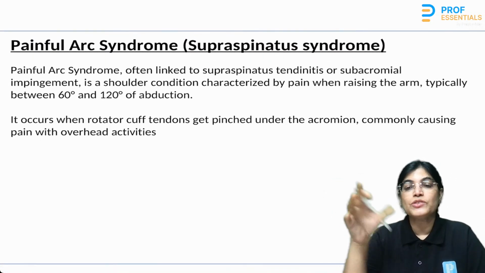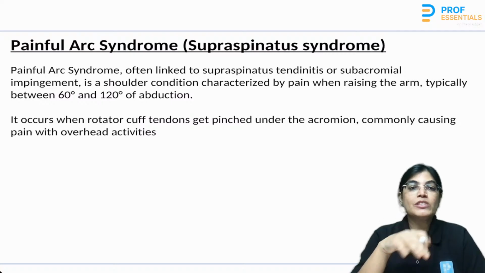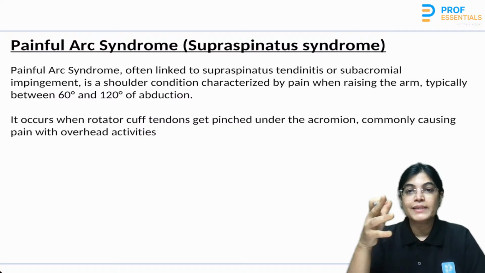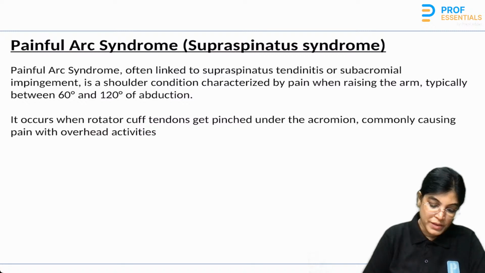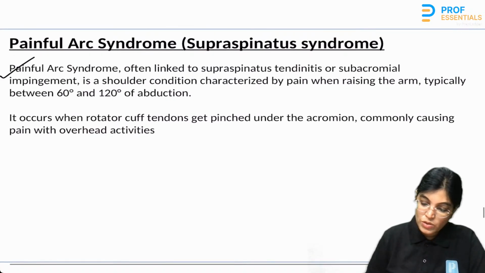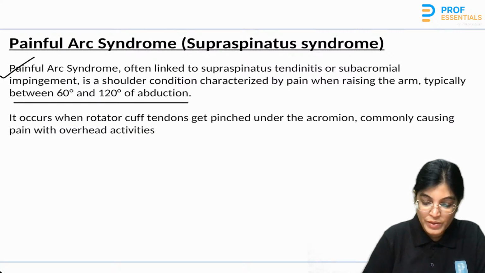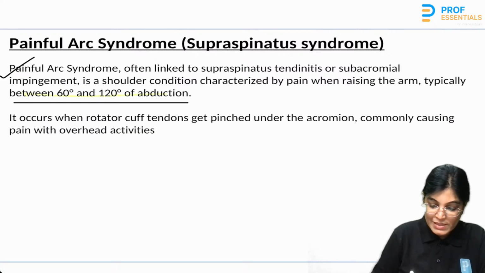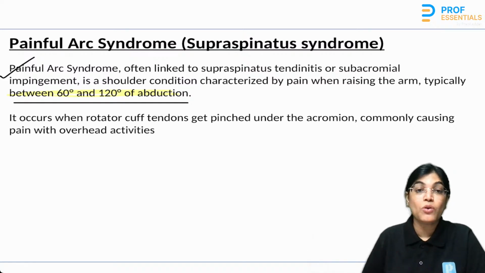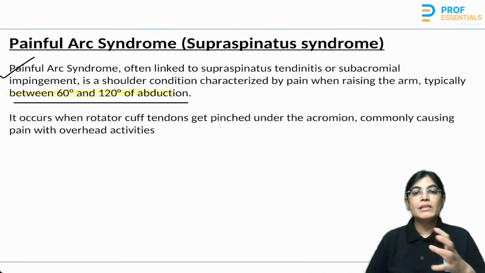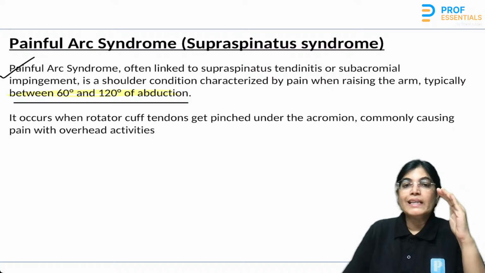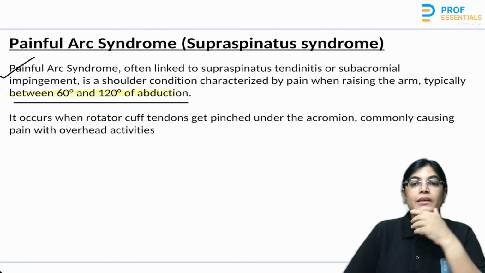Basically it is related to surrounding pathologies like supraspinatus tendinitis and subacromial impingement, and typically the pain is seen between 60 to 120 degrees of abduction. It occurs when the rotator cuff muscle, mainly the supraspinatus muscle, is getting compressed.